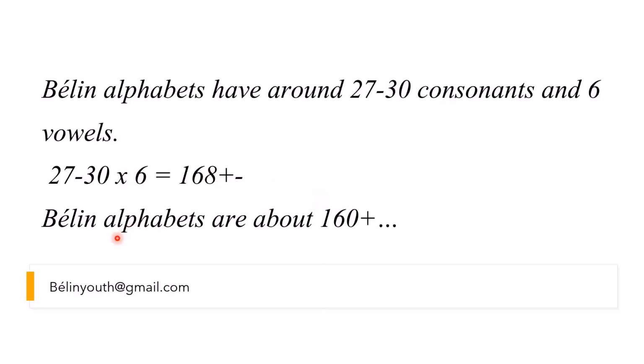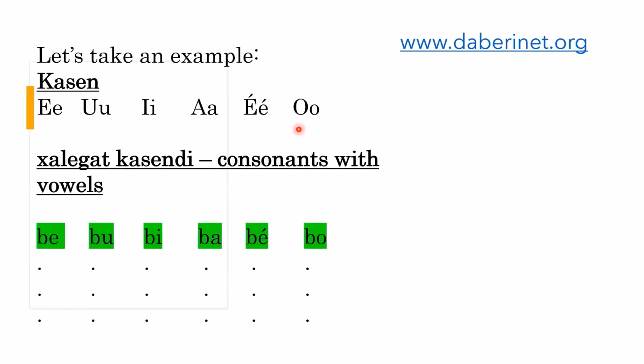We have about 160 alphabets. Just bear with me, okay? Every vowel has to be paired with a consonant, so every consonant is multiplied by 6.